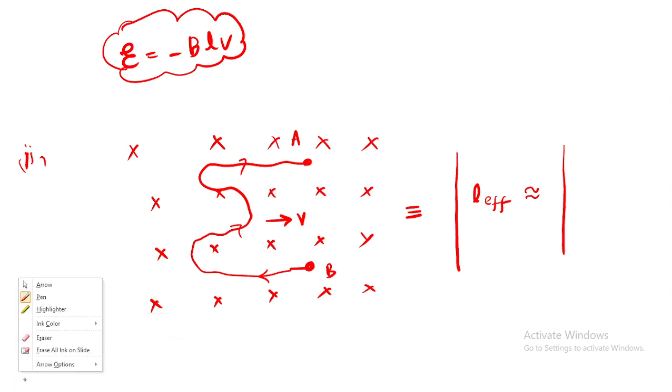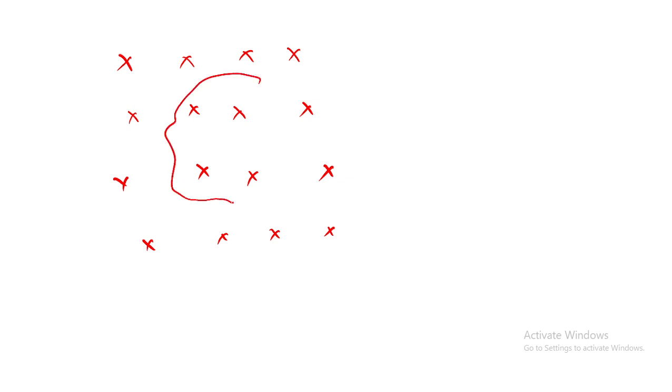See, for example, as I speak about this point, my question is, this is like one wire moving, right? This is A and this is, let's say, B, moving in this direction. This wire behaves as, now we have to take its effective length, L effective, which is nothing but the A to B effective length.